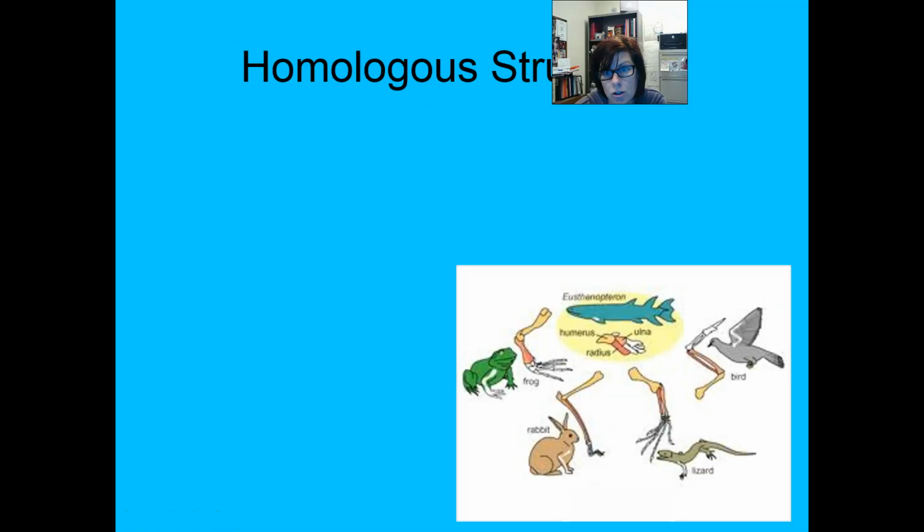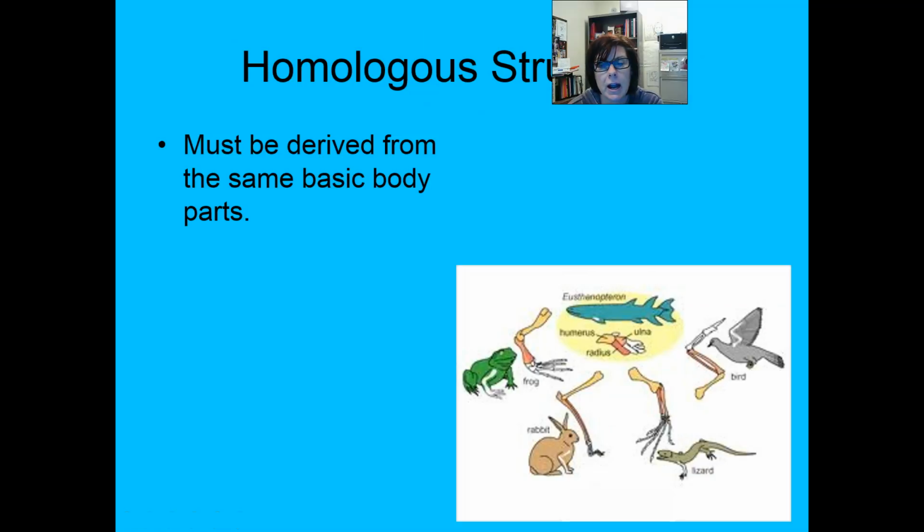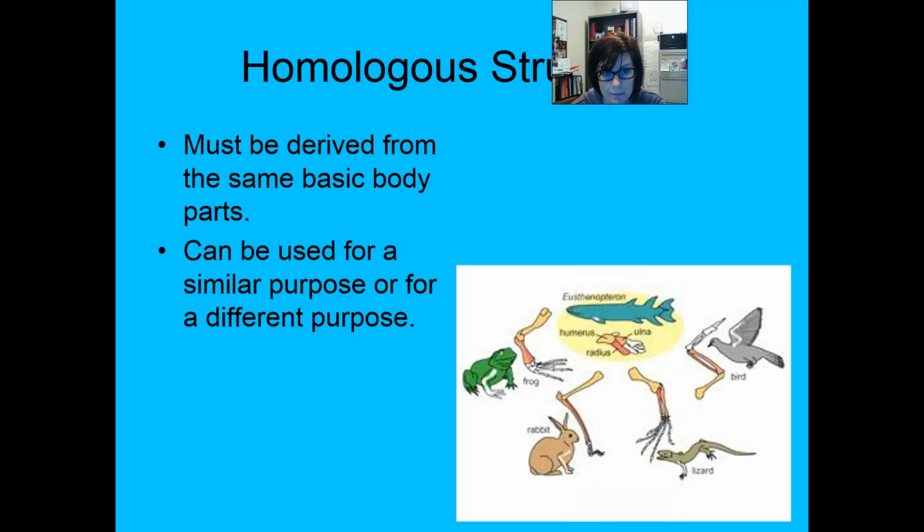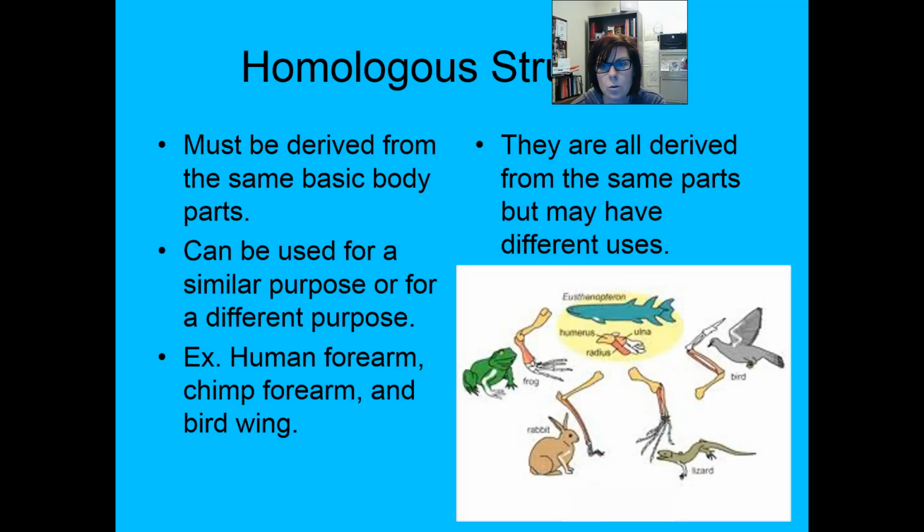Okay, then there's homologous structures. This is when we're looking more at the skeletal structures, derived from the same basic body part or body design. When you think of the forelimb of vertebrate organisms, or the legs, the bone design goes one on top, two on the bottom.